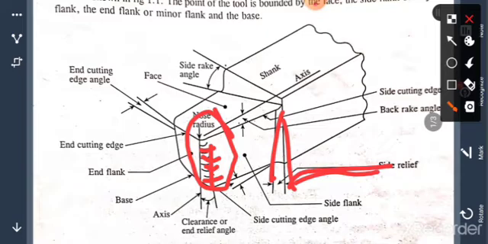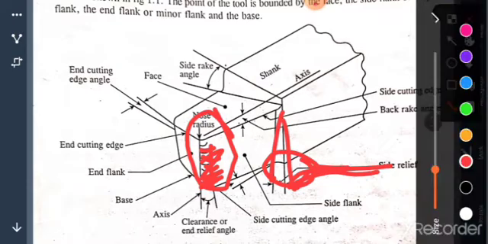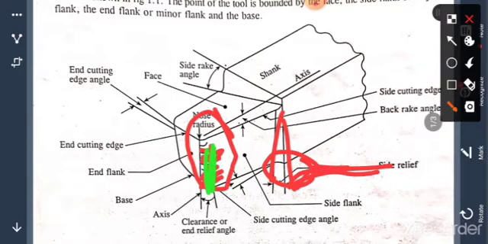Side relief is provided because when you are touching this surface, just a minute, I'll use color. When you are touching this surface, the chips flow like this, very small chips are flowing, and this side relief will provide easy escape of chips from here, and it provides a relief.